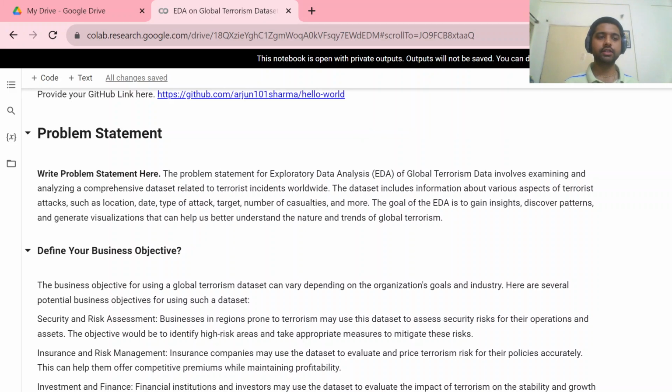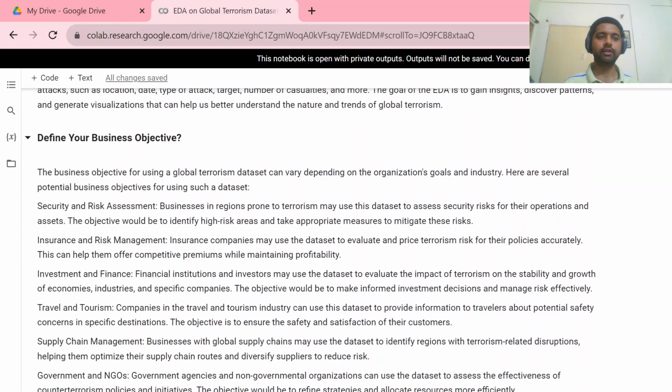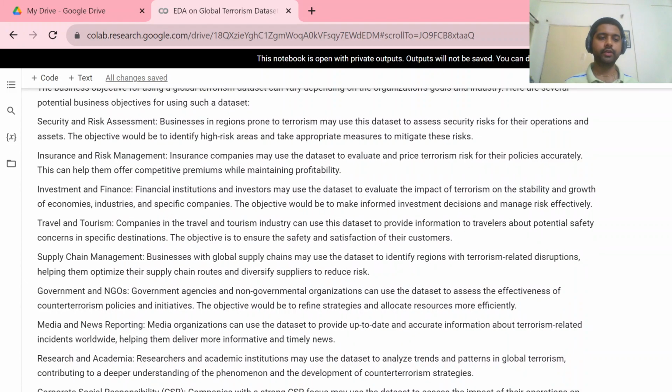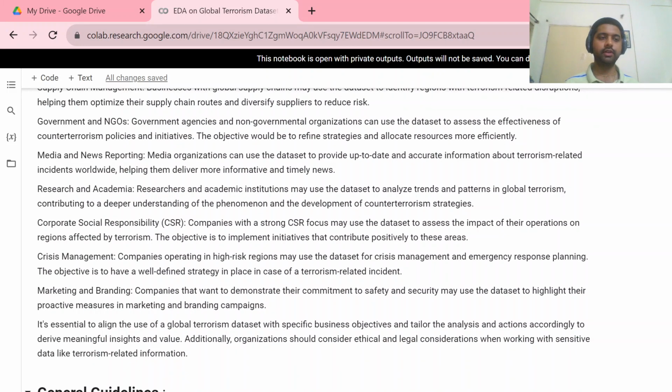This is our business objective, where we could use the insights which we got for security reasons, in insurance, risk assessment, investment and finance, supply chain management, media and news reporting, corporate social responsibility, crisis management, marketing and branding, and so on.